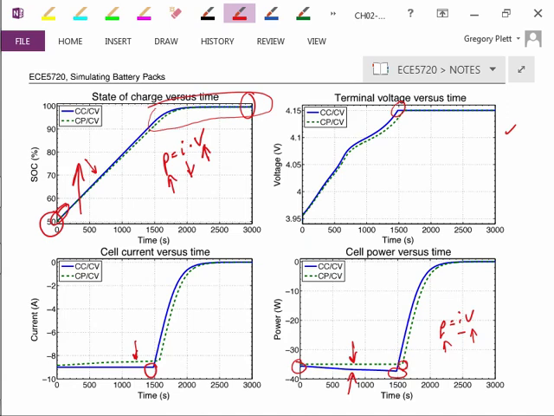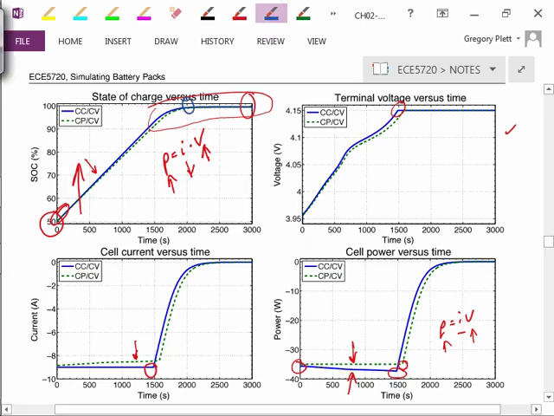Both of these cells are charged to, say, 99% in roughly the same amount of time, roughly 2,000 seconds in this example. Even though the constant power might be a little bit gentler charging profile in this case than the constant current was.